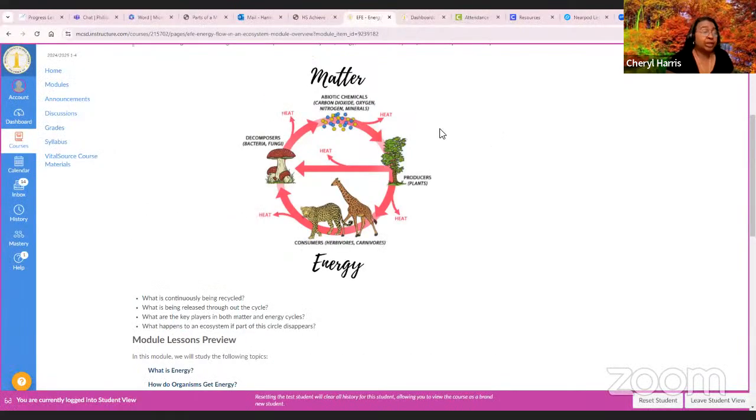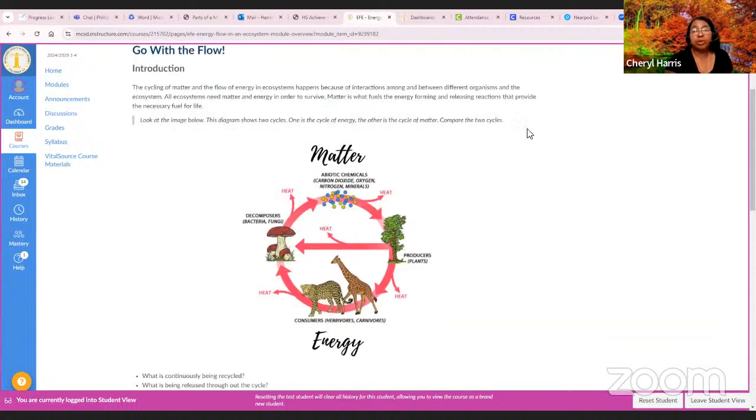So I'm going to come back to share the module. Hopefully everybody's had a chance to turn in their discussion question. The discussion question was based on this picture, and it states, compare the 2 cycles.